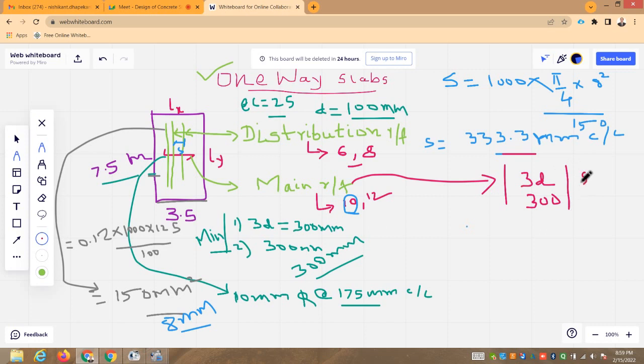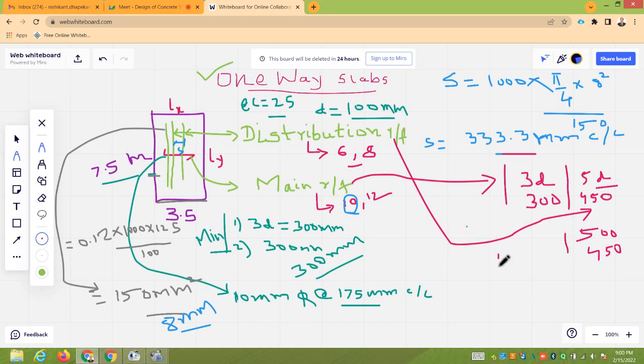Instead of 3 times depth, it is 5 times the effective depth, 5D, or 450 millimeters. This is the criteria for distribution reinforcement. Now you apply the criteria. Effective depth is 100 millimeters. So 500 and 450. You have to choose minimum of these two. So 450 mm.